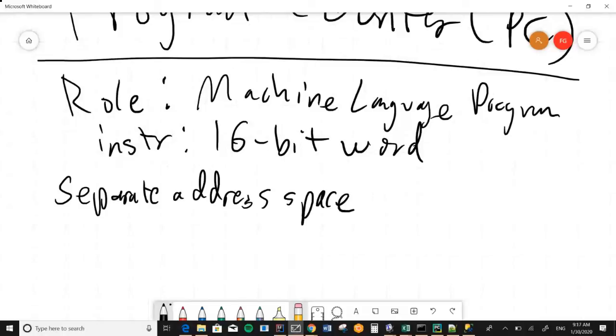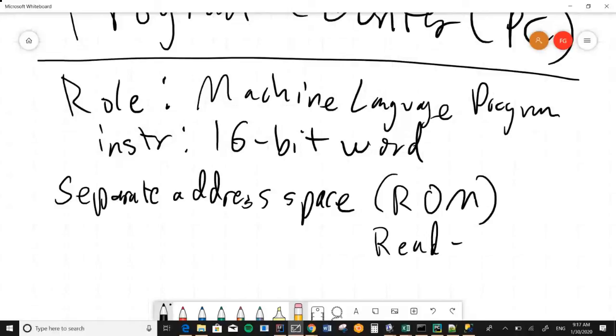So in other words, we're going to have our own special address space that stores all of the program instructions. What we're going to be doing with this machine specifically is conceptualizing this separate address space as ROM, read-only memory.